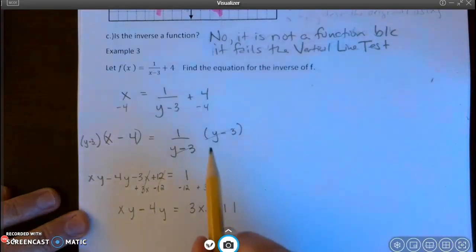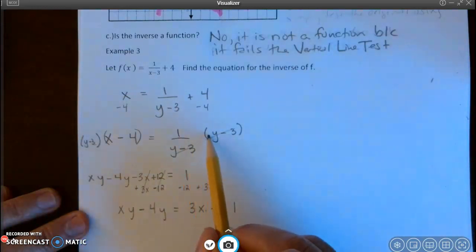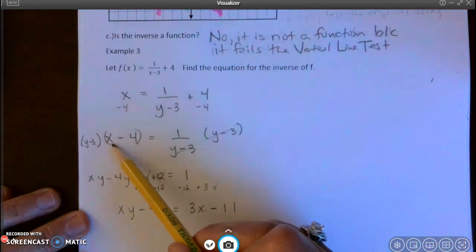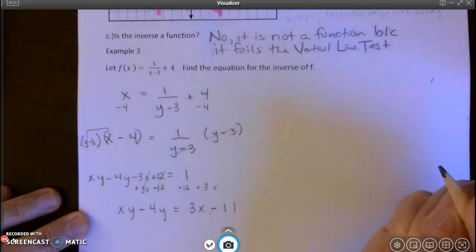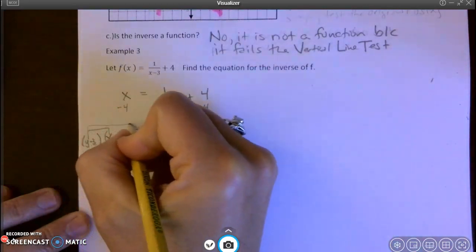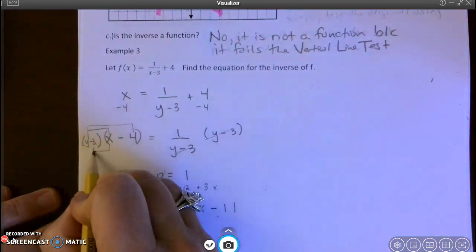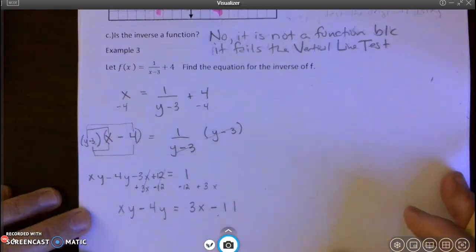Just to review, we multiplied both sides by y minus 3 to get that y up into the numerator. Then these y minus 3's canceled, and on the left we had to use FOIL: y times x, negative 4 times y, negative 3 times x, and negative 3 times negative 4. Then I moved the negative 3x and the positive 12 to the other side because they don't have a y in them. That's how I got to this point.